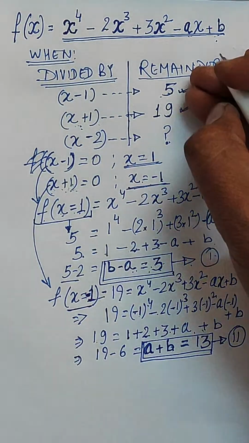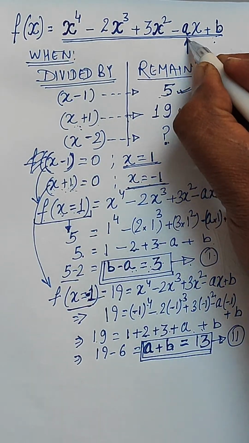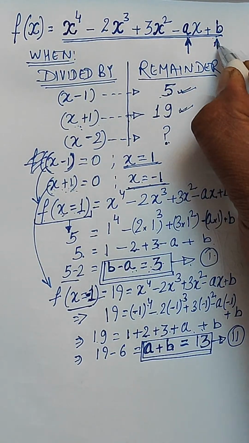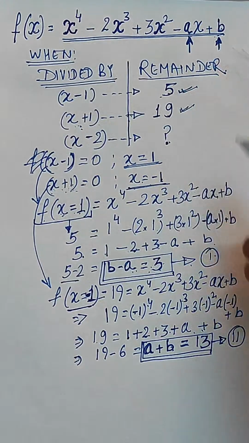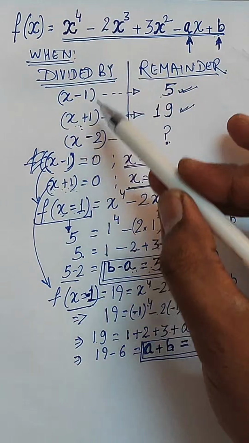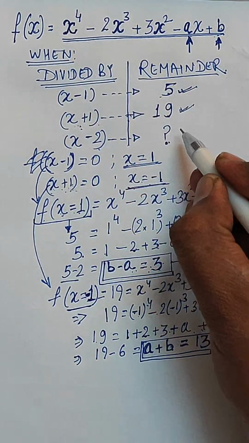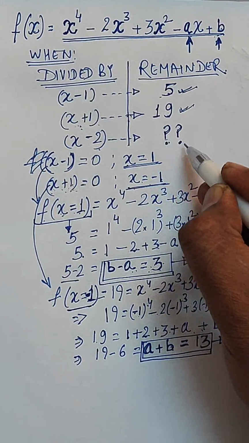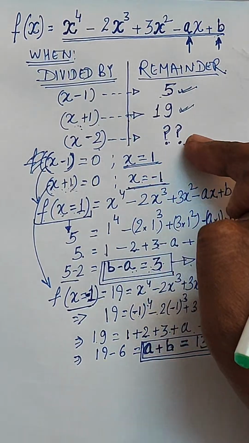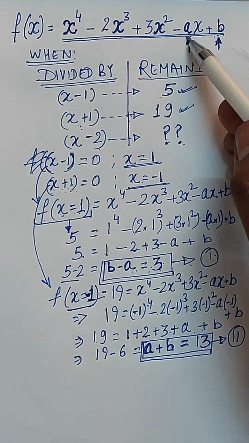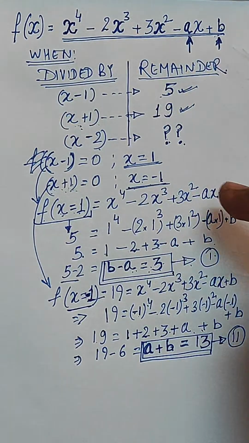So our ultimate agenda over here is that we are going to remove this a and b, because you will not be able to calculate the remainder of f x when divided by x minus 2. You are not able to calculate it unless and until you remove the variables a and b, and we are just doing that.